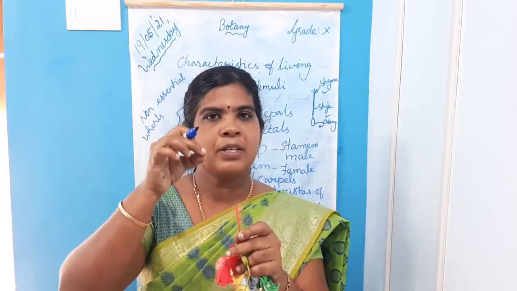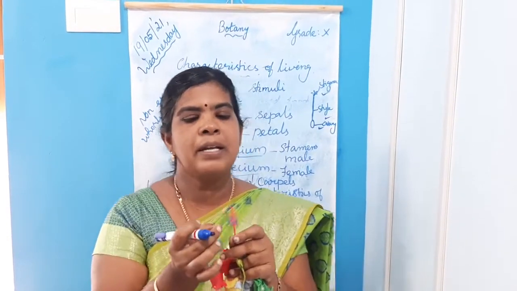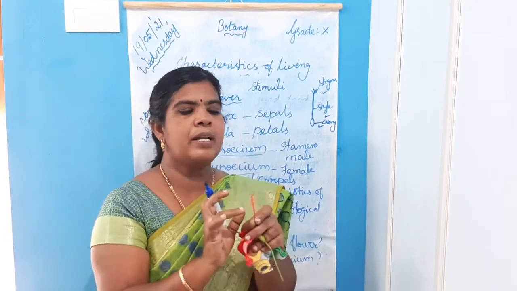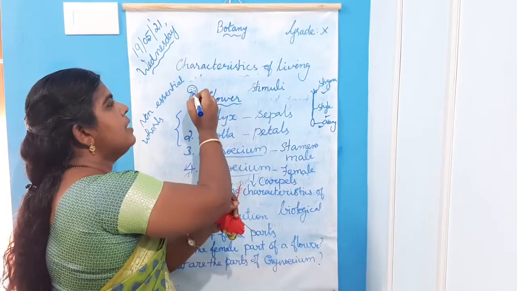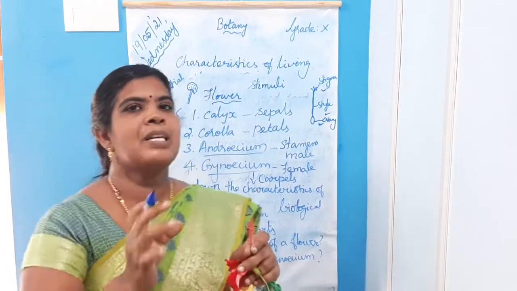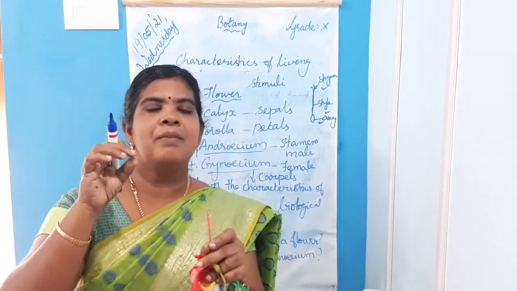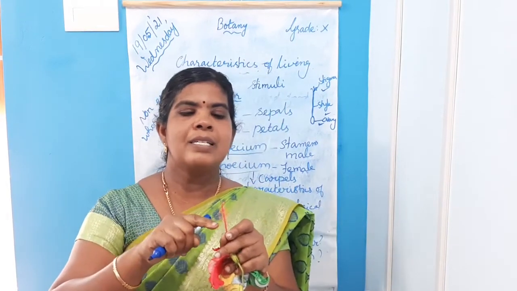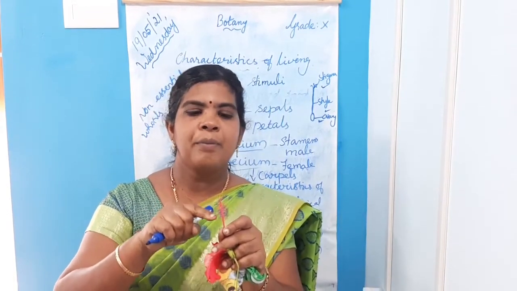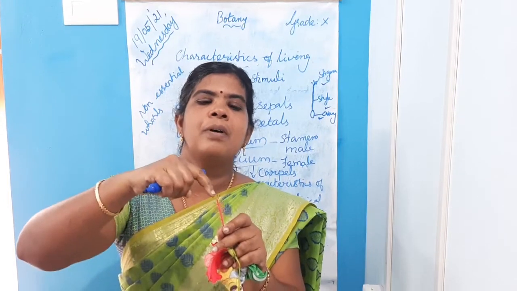The transfer of pollen grain from the anther, or anther lobe, or pollen sac, to the stigma of the flower is called pollination. The stigma is the landing surface or landing place for the pollen grain. So pollination is the transfer of pollen grain from the anther to the stigma of the flower.